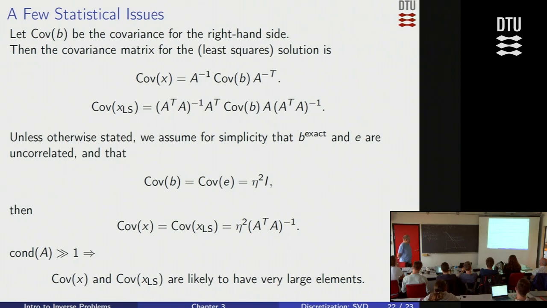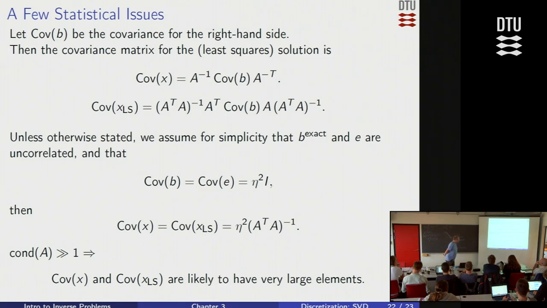Eta squared is the variance of the noise, and eta is the standard deviation of the noise. If you have taken courses in statistics, you might be a little confused because statisticians always use sigma for standard deviation. Why don't I do that? That's because I already took sigma for the singular values, and writing sigma here again would be too confusing, so I use eta instead. Eta is my standard deviation of the noise.